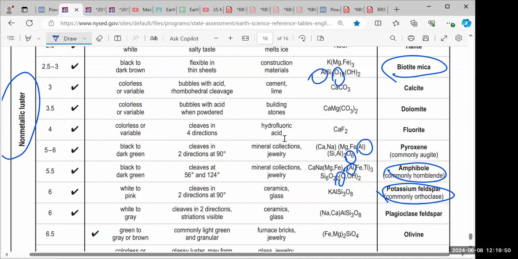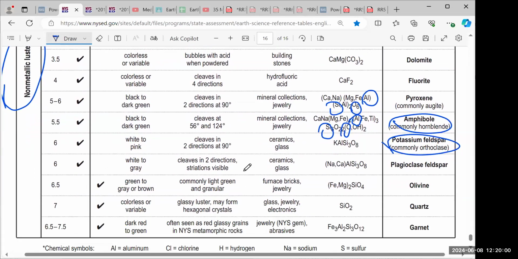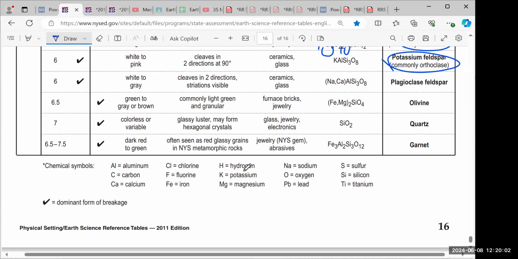And in all 3, I also see Si, Si, and Si, silicon. So I see O, Si, and Al. If you wrote down any 2 of these 3, you would be correct. Silicon, oxygen, and aluminum would be your answer.